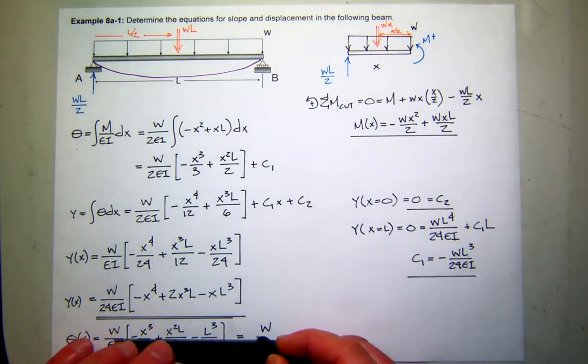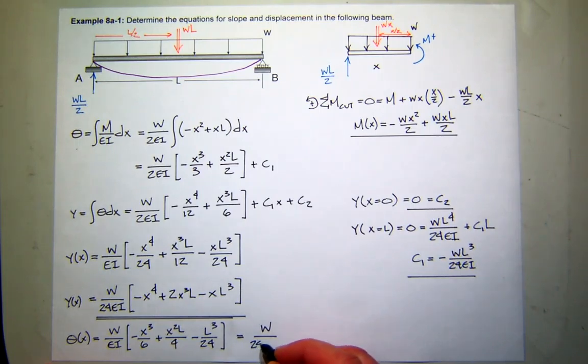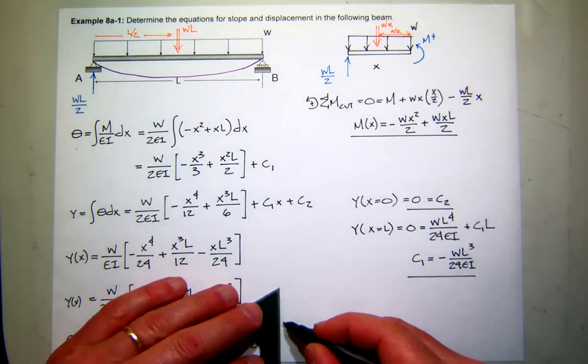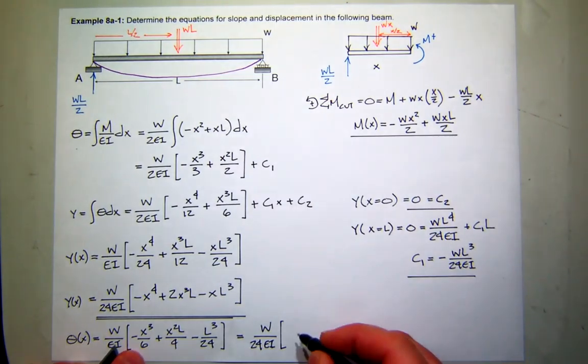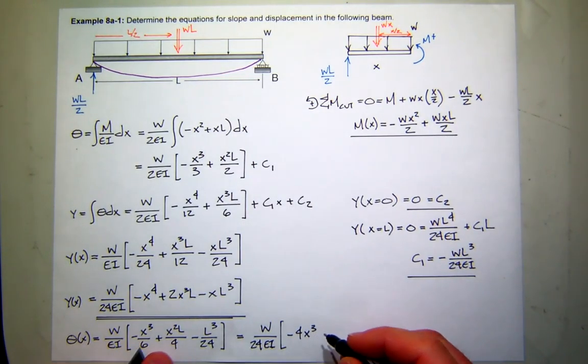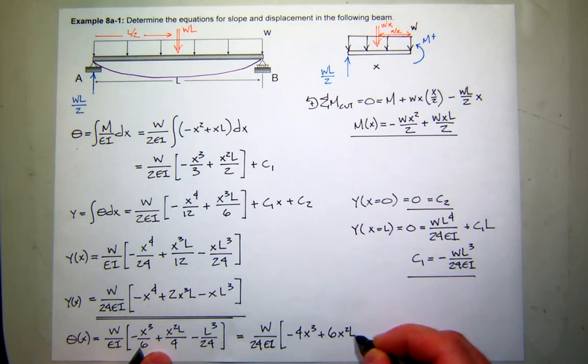So if I have W over 24 EI, then what am I left with? This becomes minus 4x cubed plus 6x squared L minus L cubed.